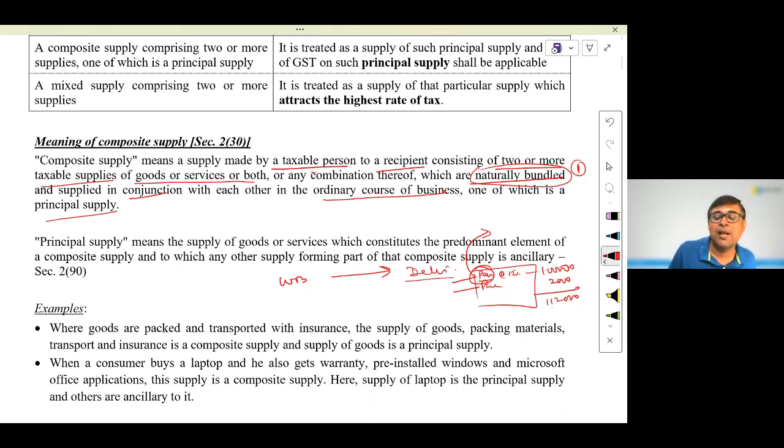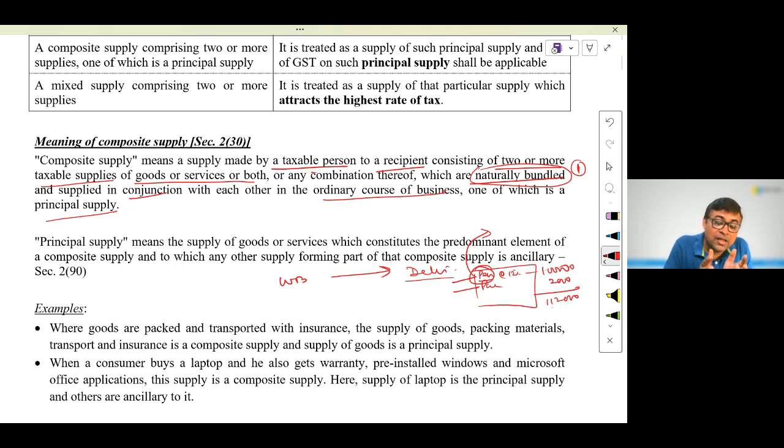If this is not supplied, then packing charges and insurance charges are not going to happen. Hence, can I say that this bundle is a case of composite supply?